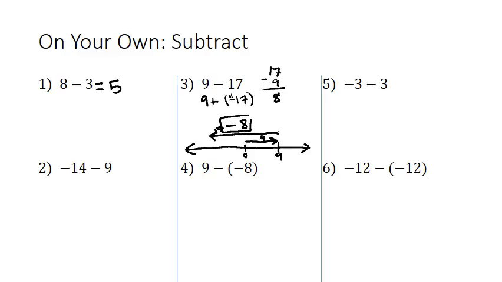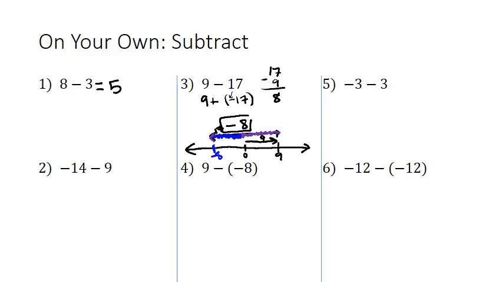If I'm starting here and I need to go all the way in this direction by 17, that means I have to cancel out 9 of that 17 because we're backtracking across these 9 right here. So all that's left is 17 minus 9. The only distance that I'm not backtracking across is this distance right here. So that's my other 8 in that 17. That 8 comes from right there, and we end up right here at negative 8.